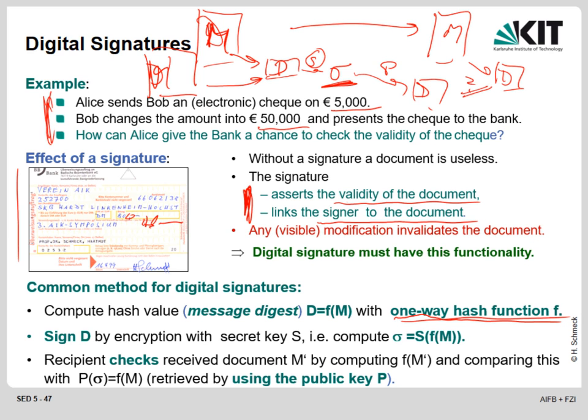Yeah, so you have to know the hash function to compute the hash value of that document. You can decrypt the signature, and then you have information that with a very high probability this document has not been modified.